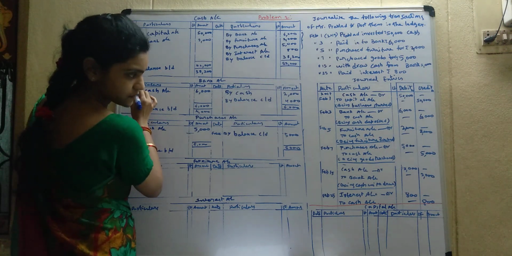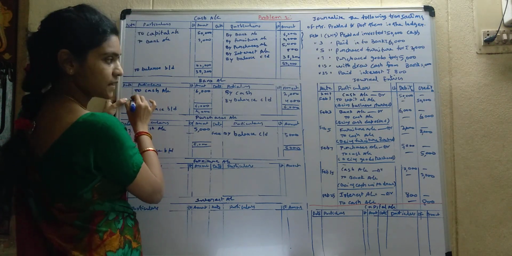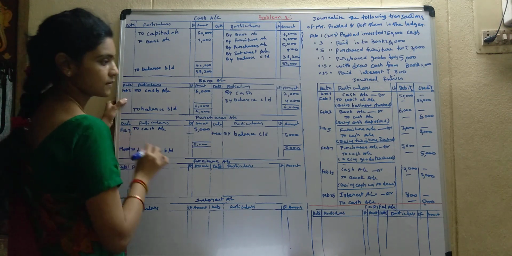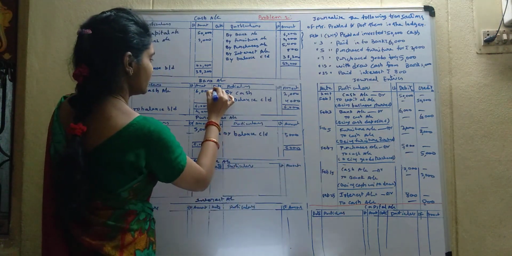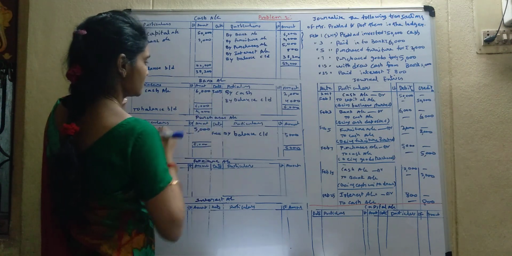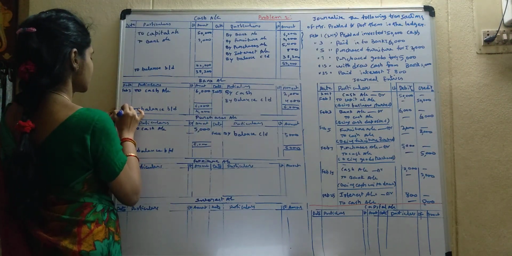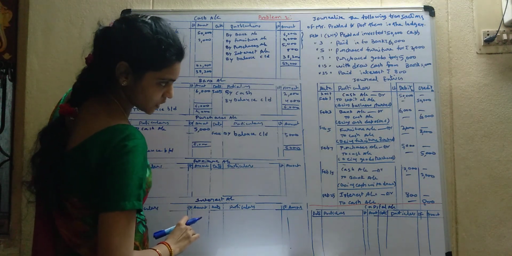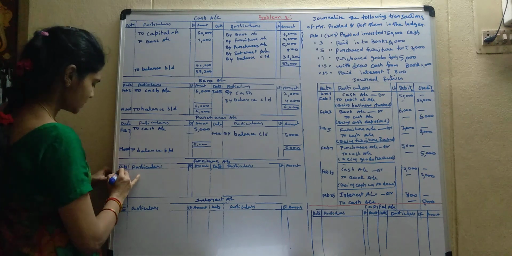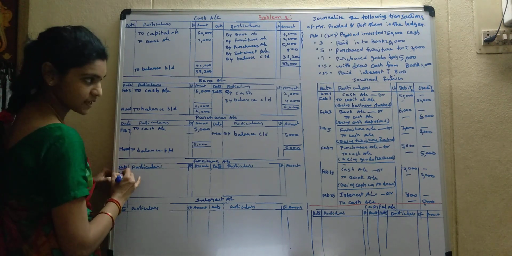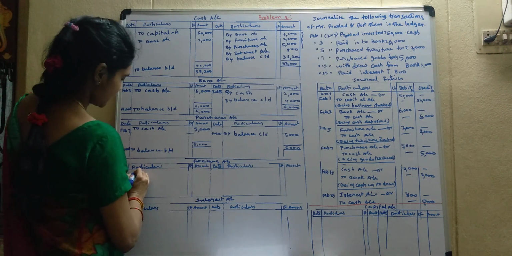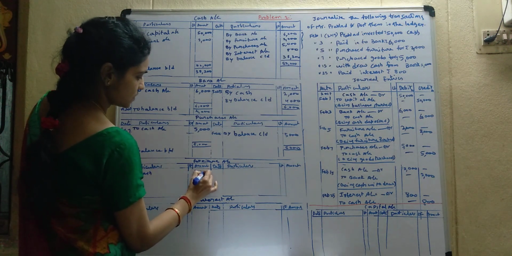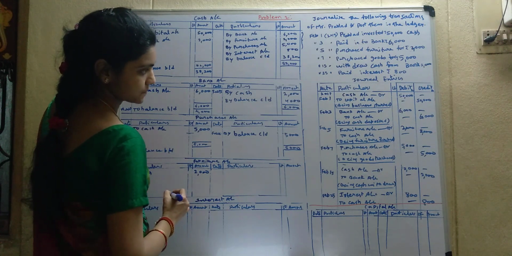What's the date here? Bank account. February 15th. On March 1st. Okay. And coming to the furniture account. February 5th. Furniture account to cash, 2,000. Any interest with furniture?